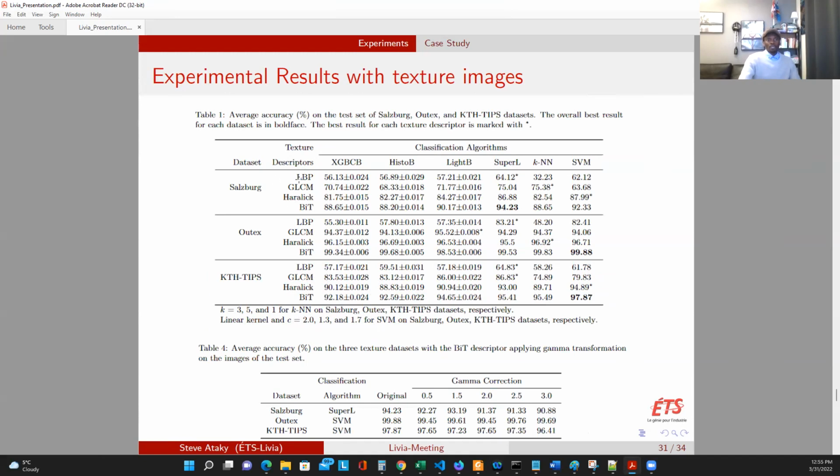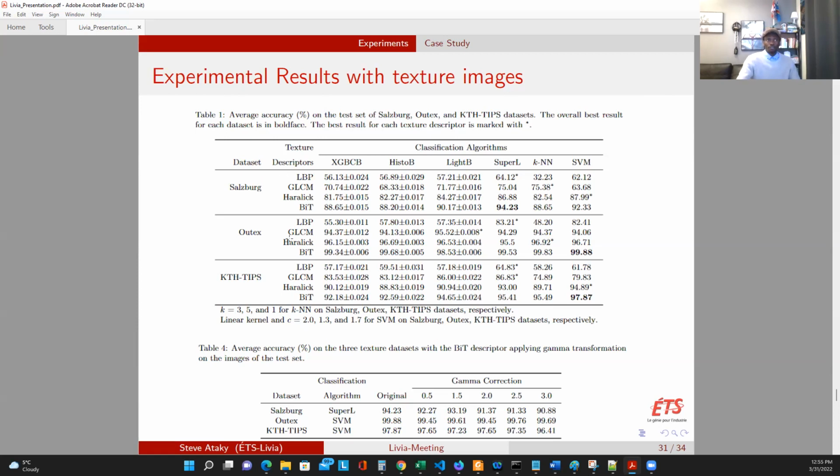Here we have the accuracy for Salzburg. We can see that we obtained the best result with BIT with superlearner, Haralick with SVM, GLCM with KNN, and LBP with superlearner also.